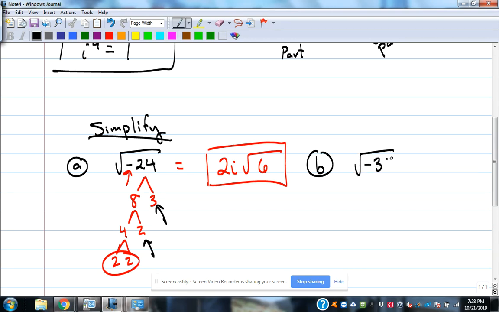If nothing else will come out. So if I go to break down the 35, I know that's 7 times 5, and those are both prime. There's not any pairs here, right? So nothing comes out except for what? It's got a negative inside of there, right? So that's i radical 35.